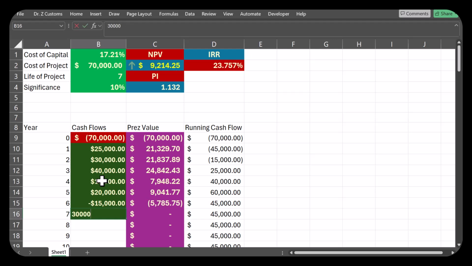I'm just putting arbitrary numbers. Now, in the absence of any other information, we're going to assume that cash flows within the year come at a uniform rate. So to find the cash payback period, we're going to find out in what year we get to positive running cash flow. In this case, that is year 3. Sometime during year 3, everything is paid off, and then I start getting some extra.